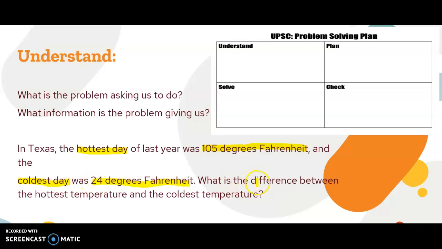And again, any good detective always identifies clues, and so here is our clue right here. Difference between is the action words that we're looking for to compare the hottest temperature and the coldest temperature.